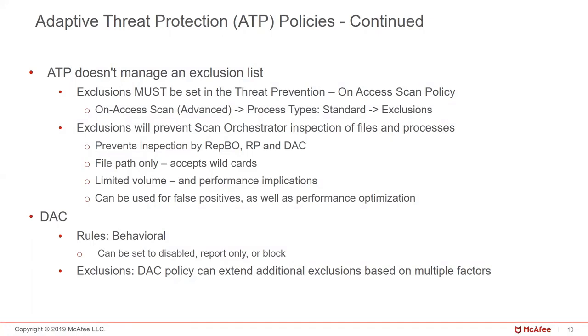The better way to handle this, and this will be part of the demo, is setting the trust level on your TIE server, so that you can manage the unknown file types in your environment, and or adjusting your policies so that you can allow certain actions to occur in the environment. By default, and we'll take a look at the default settings of the DAC rules, they're set to report only. All the blocking actions have to be set in the environment that are appropriate for that environment.